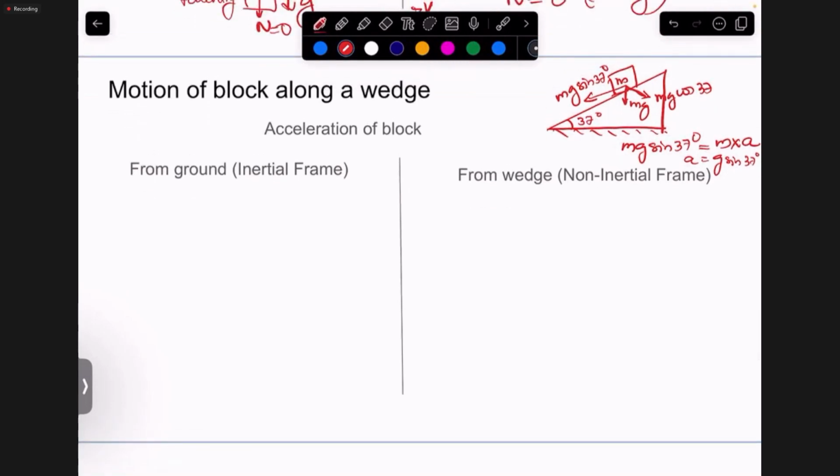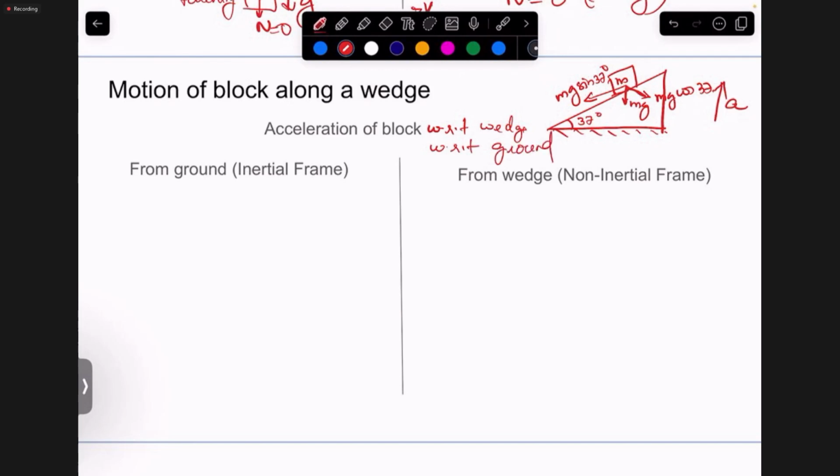This is what you have learned before, right? Now, what will happen if this wedge itself is moving with the acceleration a? What will happen when the block is moving upwards with an acceleration a? We need to find the acceleration of the block with respect to the wedge and with respect to the ground.